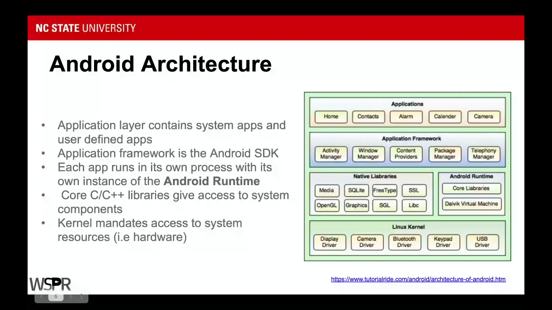And finally, we have the Linux kernel, which handles the low-level memory management, multi-threading, access control to resources. So any request of accessing a particular hardware like camera or microphone would go to the Linux kernel, and it would decide whether to grant that access based on the permissions specified on the app. So the kernel has the ultimate governance. It enforces the security.